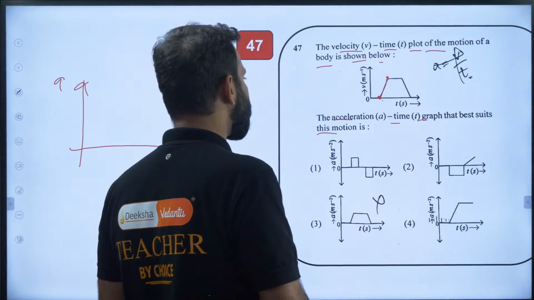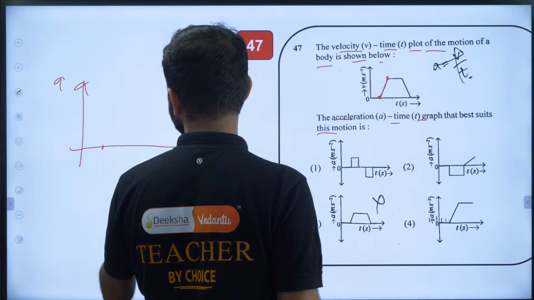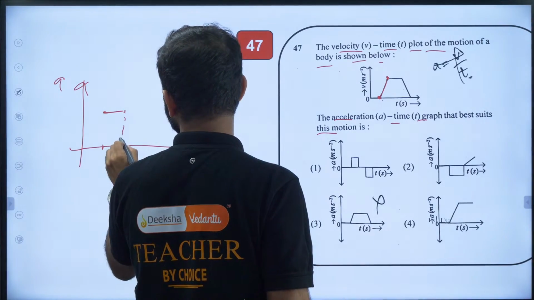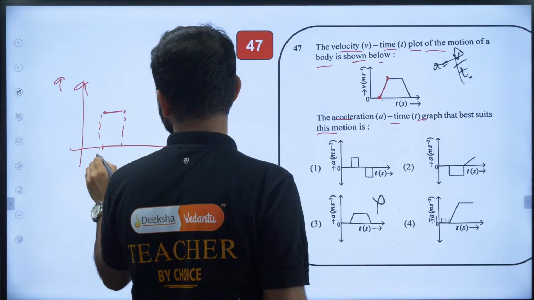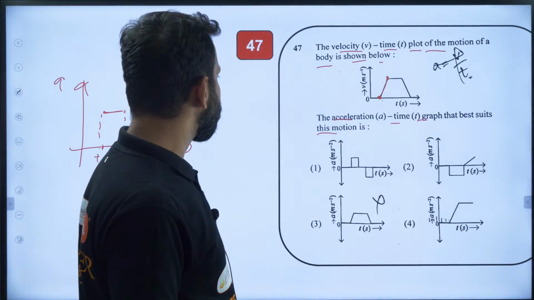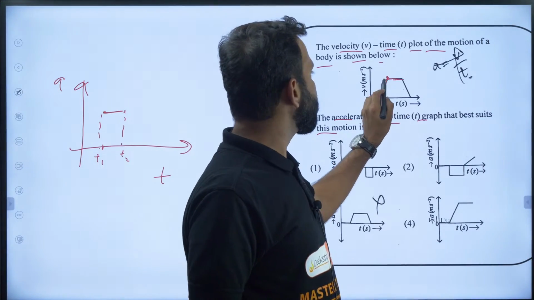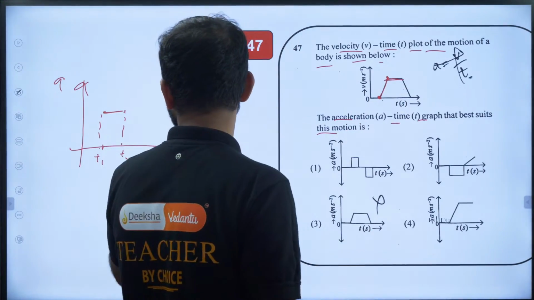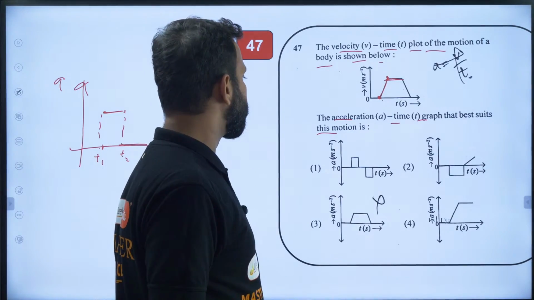So from time t1 to t2, the acceleration is constant. And then acceleration is 0 because velocity is not changing. Okay, then acceleration is 0.